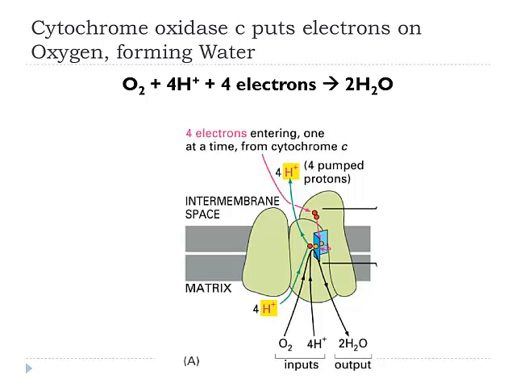So you get from 1 oxygen molecule 2 water molecules when you add 4 protons. So there are protons being used in this chemical reaction, and there are protons being pumped to the inner membrane space.